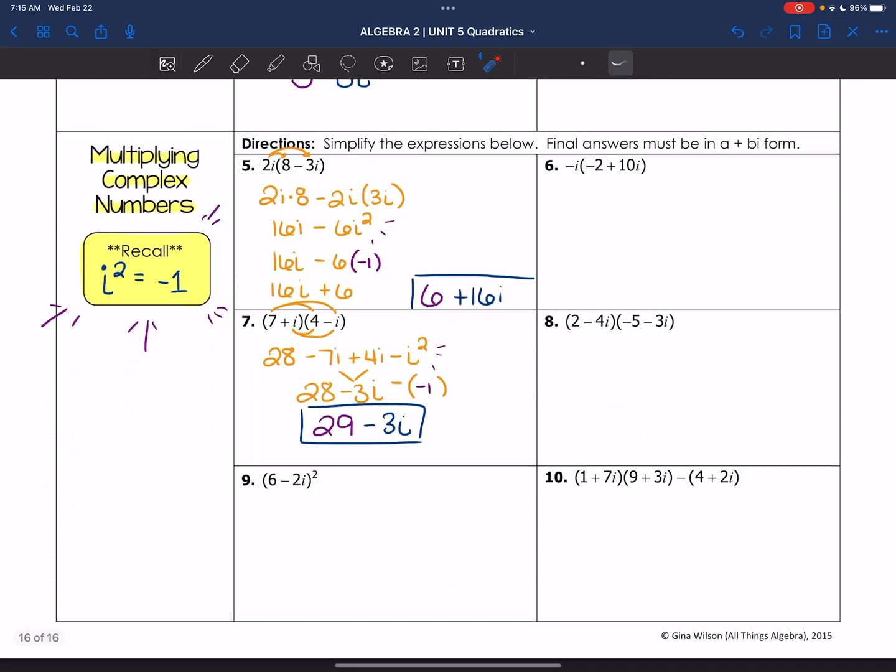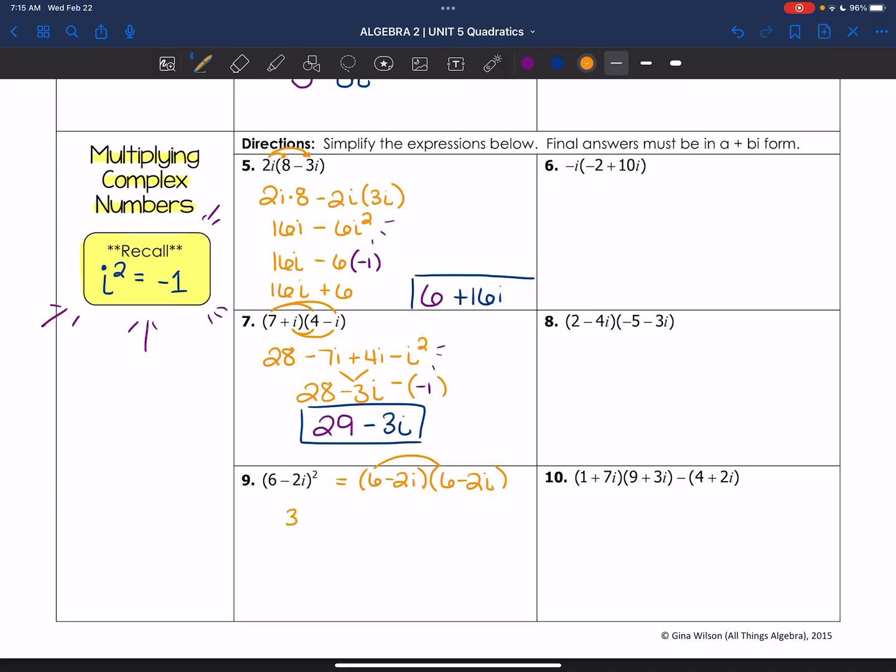We've got one more that I want to do here. Let's go ahead and begin. We're asked here to square this complex number, which really means to take 6 minus 2i times 6 minus 2i. That's what it means to square something. So now let's go ahead and do that.